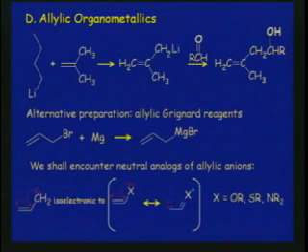We'll see many neutral analogs of allylic anions where we have a double bond with a heteroatom next door that bears an electron pair, such as oxygen, sulfur, and nitrogen, where this electron pair can be donated, just like in the anion, to make a new resonance form. In this case, since you're starting with neutral, it's a resonance form that is dipolar, plus on X, minus on carbon, a minor resonance form, but it explains a lot of the reactivity of allylic systems.